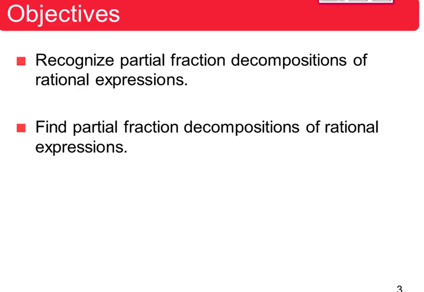And so what I'm going to remind you of is in your past work in mathematics, you've maybe had a fraction like 1 over x plus 4 plus 2 over x minus 3, and you wanted to make those into a single fraction.